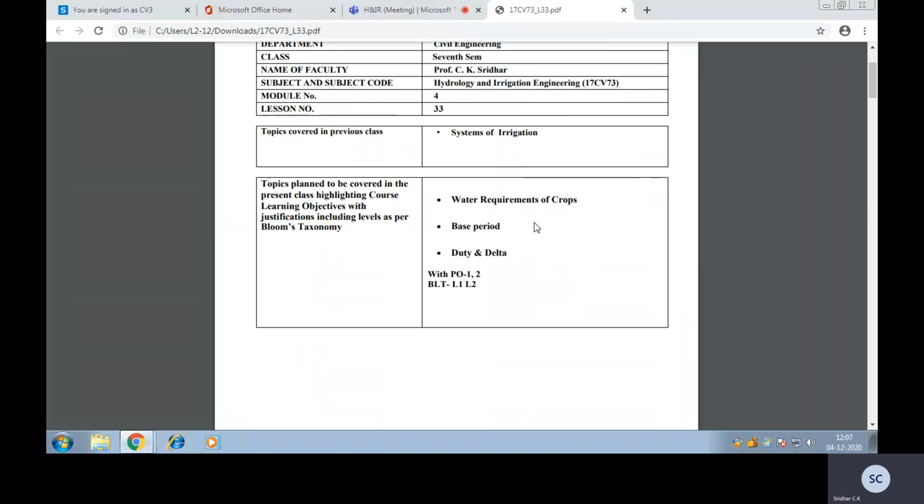So some of the things I want to highlight here, in this table. I will just show the table. Here, the average approximate values of the total depth of water required for a particular crop are mentioned. Now you can go to sugarcane. It is 120 centimeters. Rice is 120.